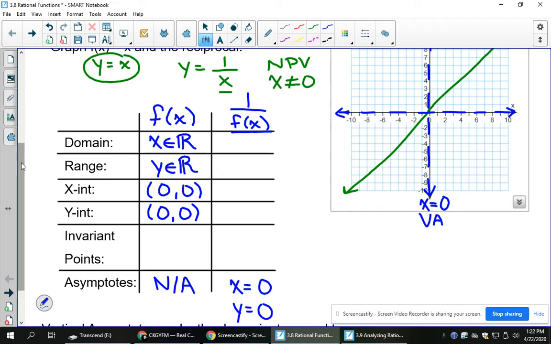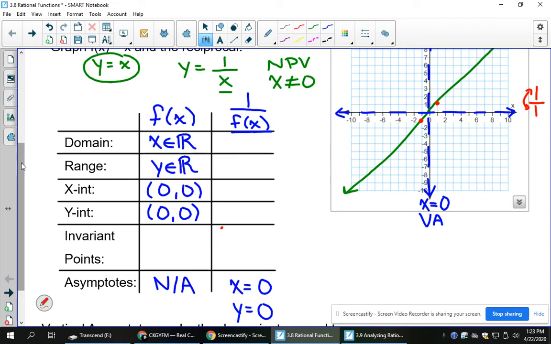The first thing I'm going to do, though, is I'm going to put my invariant points on here. Invariant points are numbers that if I flip them in a fraction, I get the same number back, like the number 1. The number 1 is secretly 1 over 1, and if I flip that fraction, I get 1 over 1. It's the same number. So those are what invariant points are called.